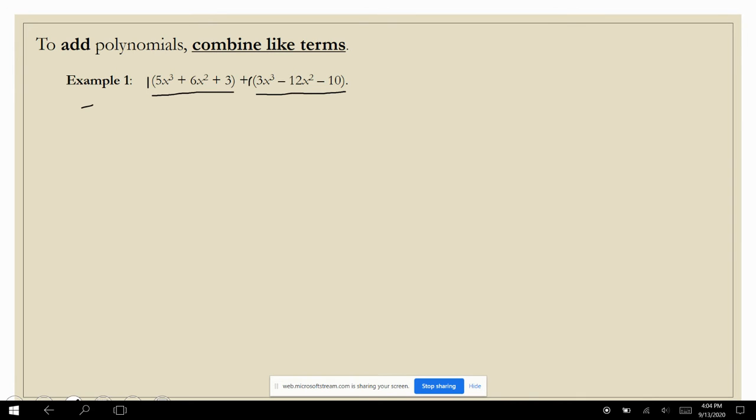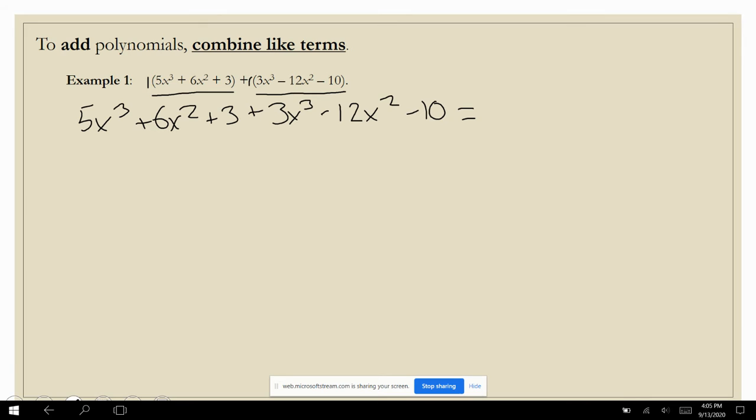So we can rewrite this expression as 5x cubed plus 6x squared plus 3 plus 3x cubed minus 12x squared minus 10. Okay? That's the nicest part about adding, is that you just need to drop the parentheses and then perform exactly what the operation is.